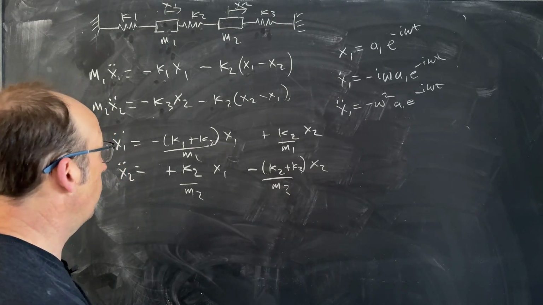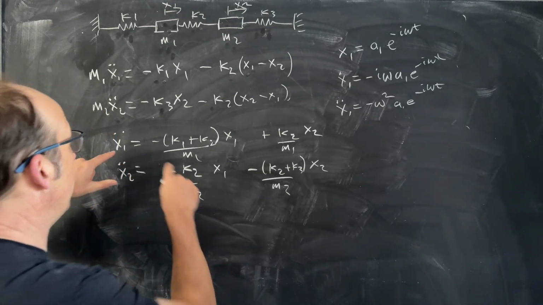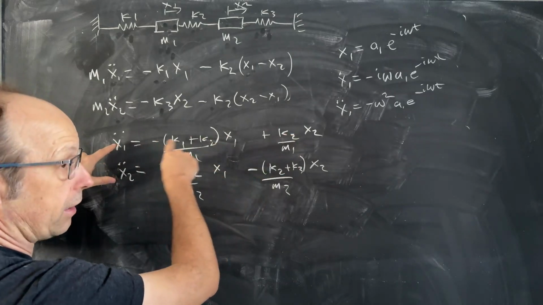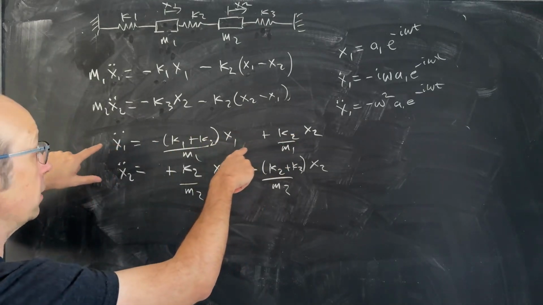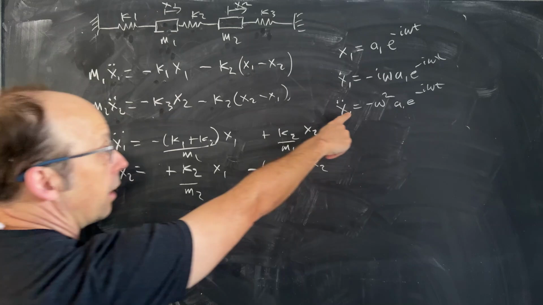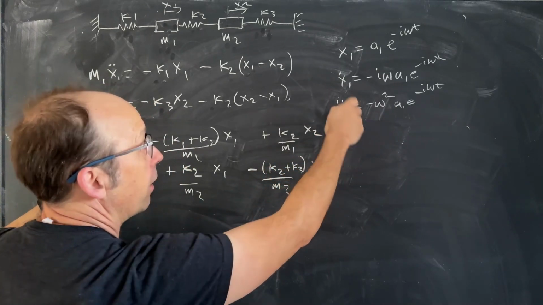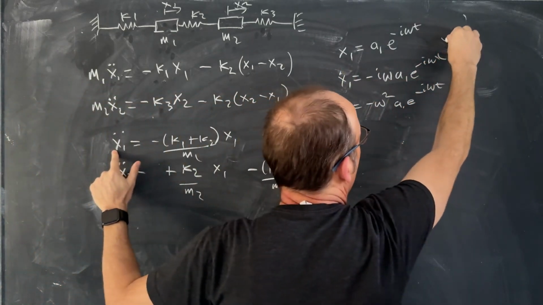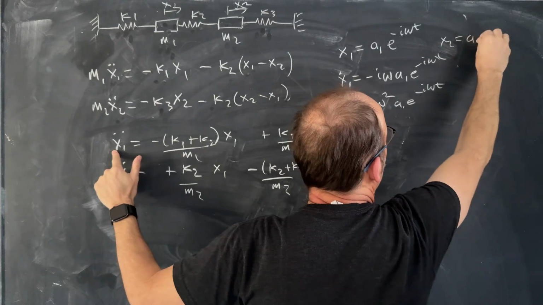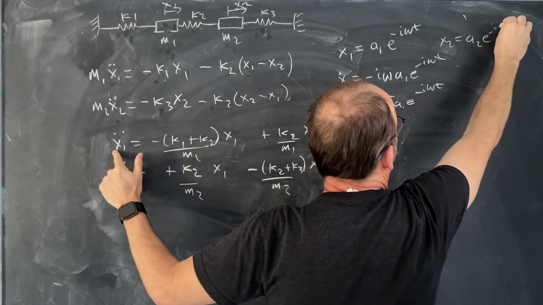Now I can rewrite this whole equation. I'm going to write both of these equations using this format, and for x2, I'm going to say x2 is some other constant a2 e to the minus i omega t.